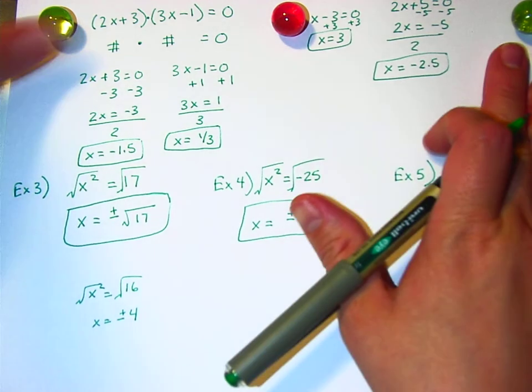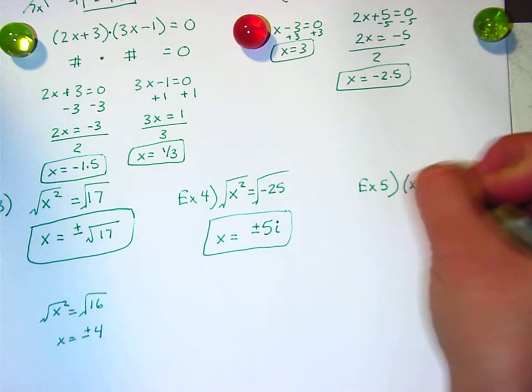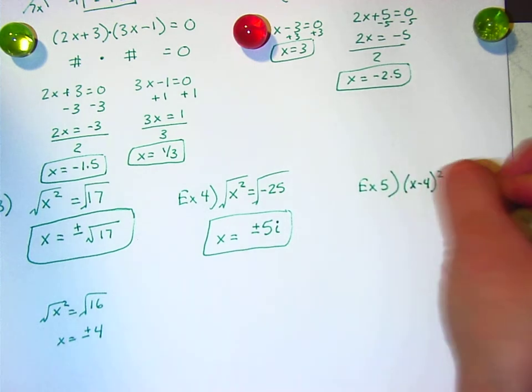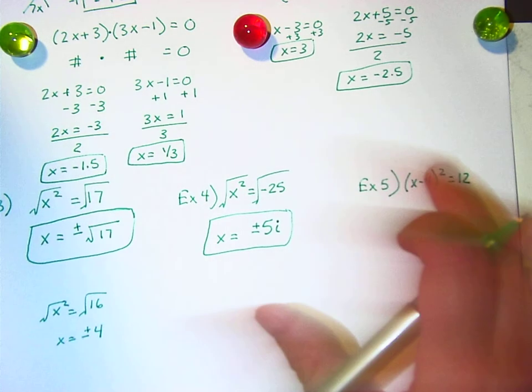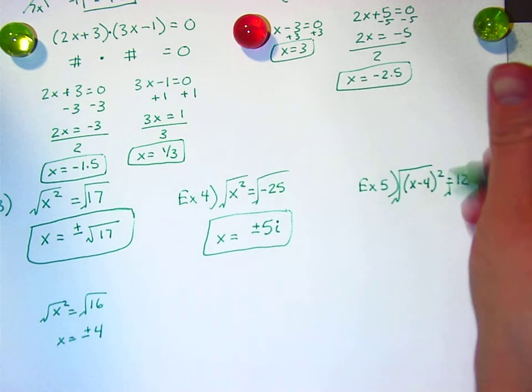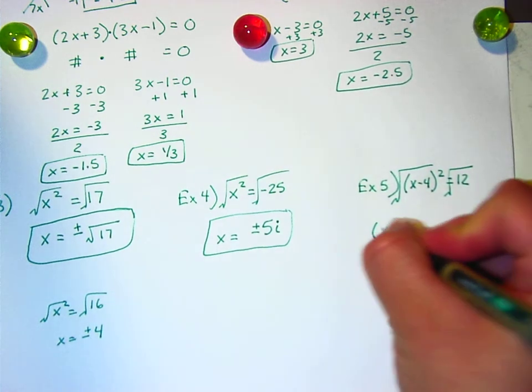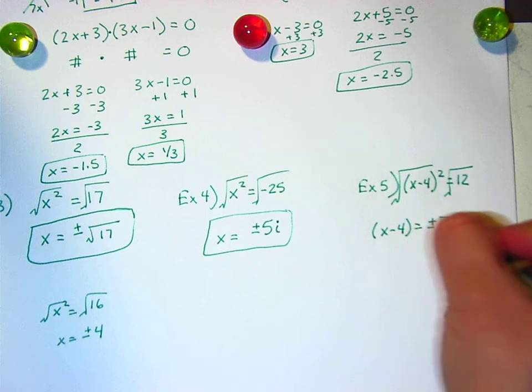And then finally, for example 5, a little bit harder one, x minus 4 parentheses squared equals 12. All right, so we're going to take it apart by working on the outside first, then on the inside. So first I'm going to take the square root of both sides, which leaves me with x minus 4 equals plus or minus the square root of 12.